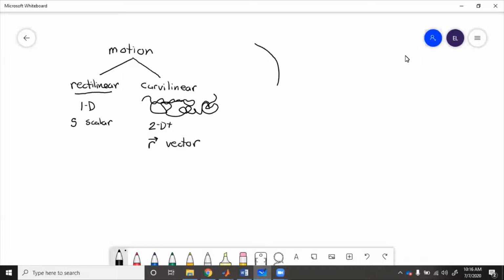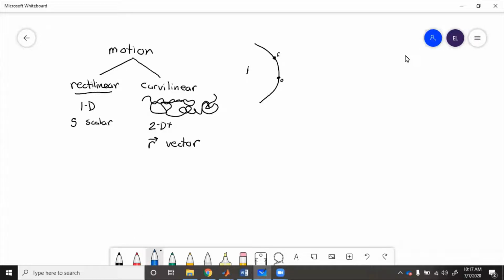So let's say there's a particle going on a curved path. So maybe it starts here, it ends here. So this is initial, this is final. Here's the center of the curve where the coordinate frame is.